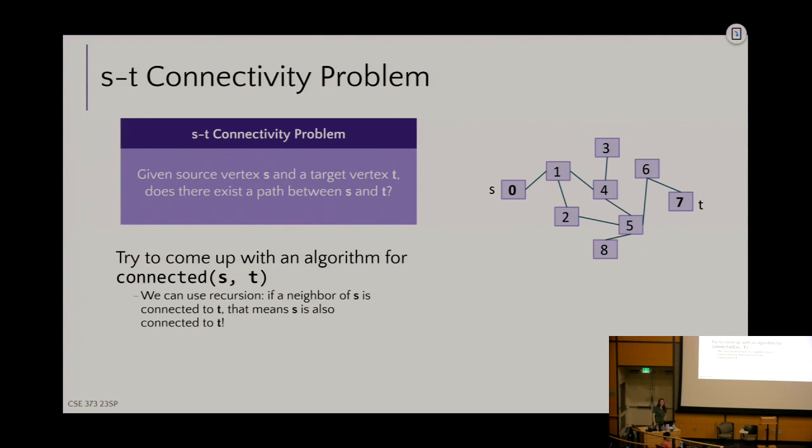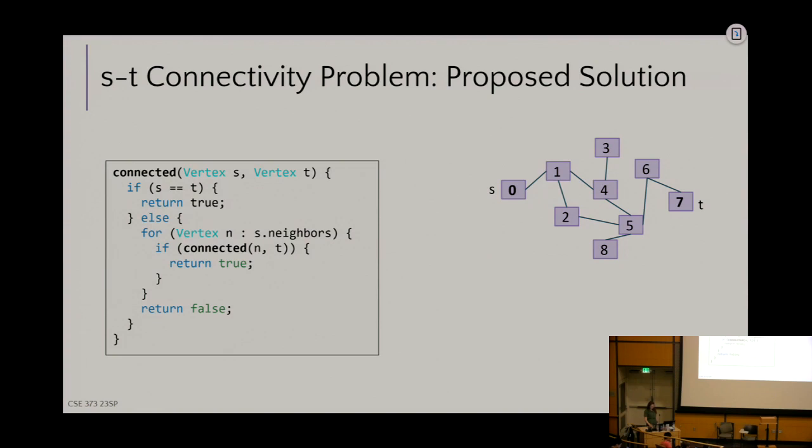So we check neighbors of neighbors of neighbors of neighbors until we eventually find if we can get to T by crawling from neighbor to neighbor through the graph. So here is our first bit of code. We take in the two vertices, S and T. If they're the same, great. We are connected. Otherwise, for all of the neighbors of S, we will loop over them and ask, are they connected to T?